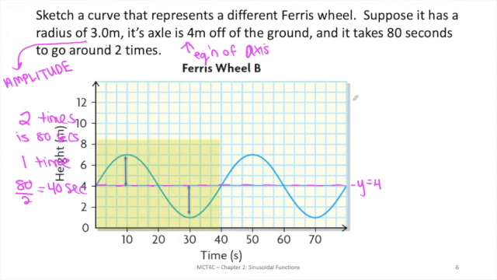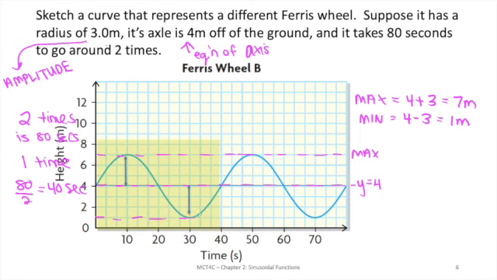So your max is 4 plus 3, so 7 meters. And your min is 4 minus 3, which is 1 meter. So you can draw those lines as well, and write max and min.